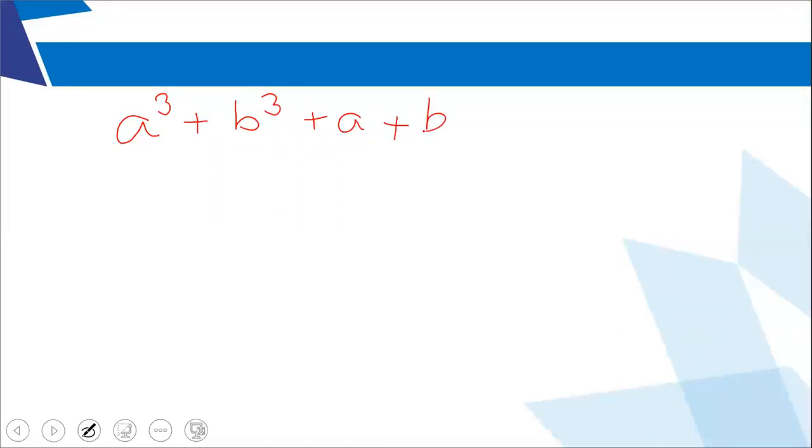So it is a cube plus b cube plus a plus b. Please solve it. I give you 2 minutes time, and I need the final answer. You will raise your hand and then I will ask.